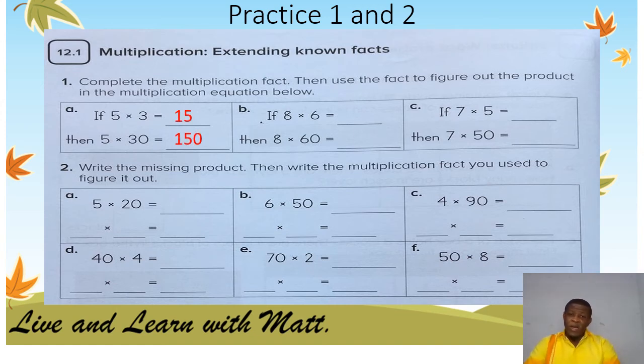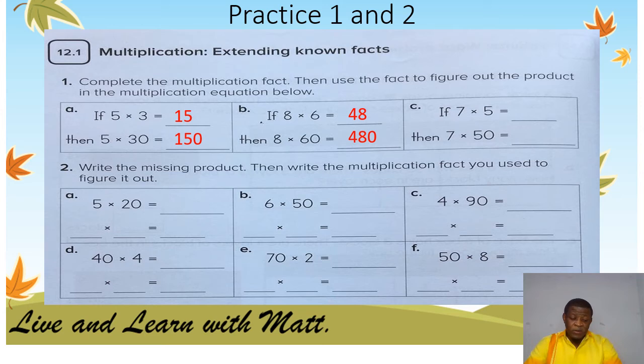Everybody, what is 8 times 6? 36, right? Therefore, 8 times 6 is 46. So therefore, 8 times 60 will be 480.